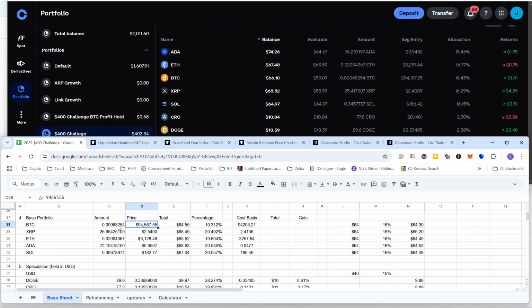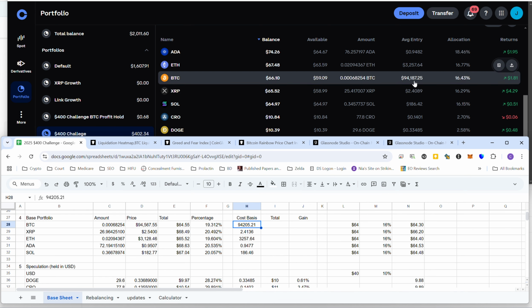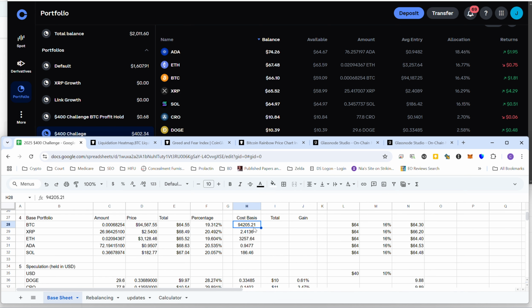Let's throw the current price in. We don't have the current price here; we'll have to get that somewhere else. Let's update our cost basis. You see how the cost basis is now lower because of that little sell we did. That lowered our cost basis just a little bit, which then helps us in the long run make profits.